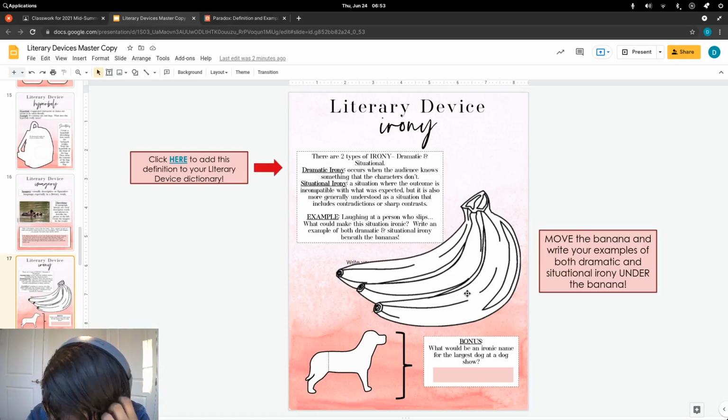So, for instance, there's a movie that you guys may or may not have seen. It's called The Princess Bride, and it's a really cool movie. It's super funny. I would totally encourage you to watch it. But there's a situation in which the main character is in a contest of sorts with one of the bad guys.